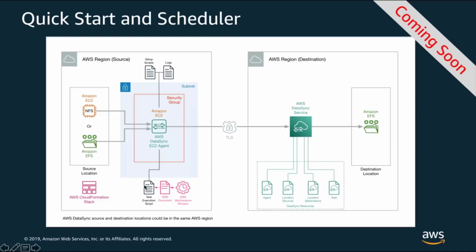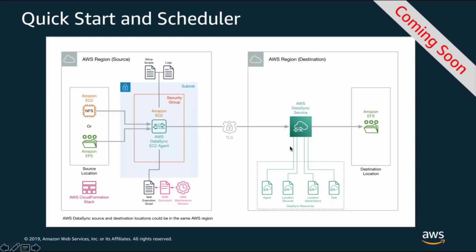As a part of the stack, it's also creating an SSM document and SSM maintenance window. These are the scheduling mechanisms that it uses to schedule this on a regular basis. Once this environment is set up and that agent is running, it will create the DataSync resources in the destination region.